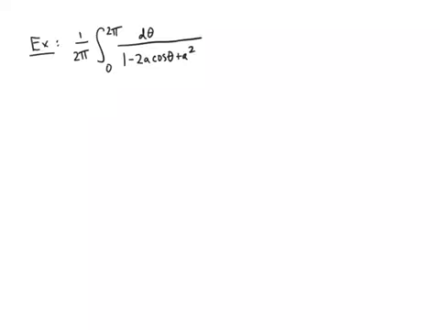This integral from 0 to 2 pi of this function of theta here, and then we're dividing by 2 pi. You can think of that as the average value of this function that we're integrating over the interval from 0 to 2 pi.